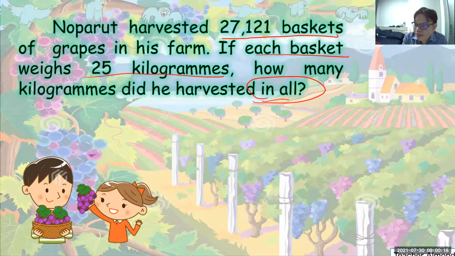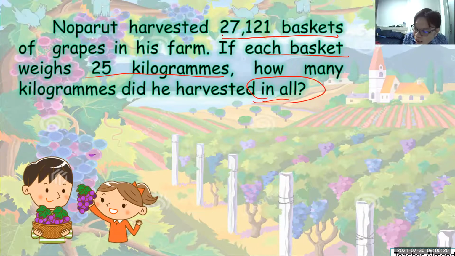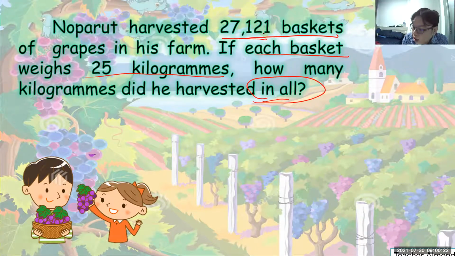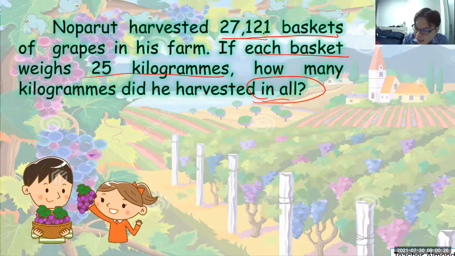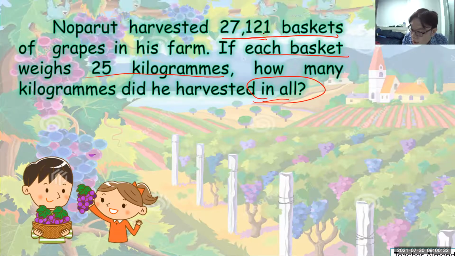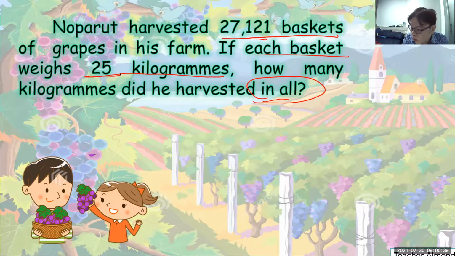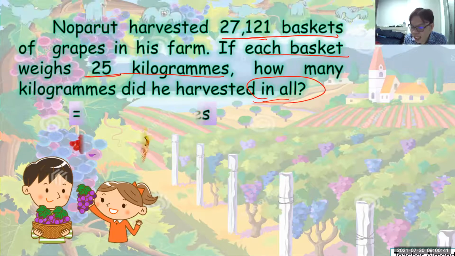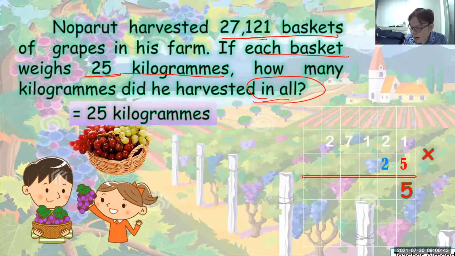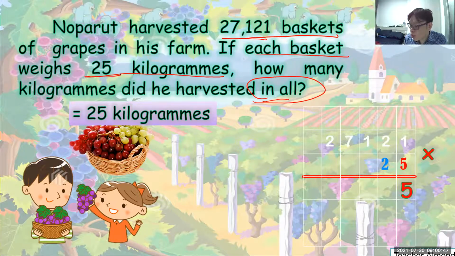Just like this, 27,121 for one basket. One basket weighs 25 kilograms, and you have 27,121 baskets. So what do we do? We multiply 27,121 by 25.